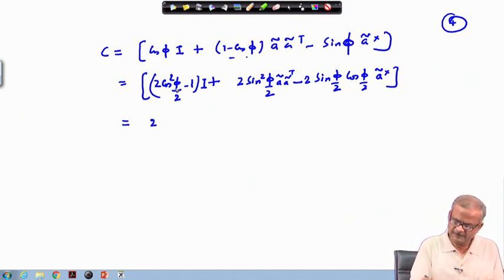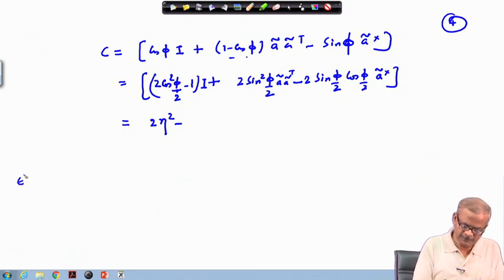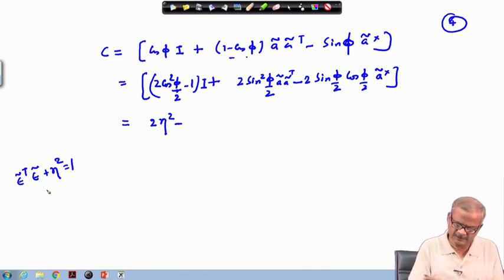So, we know that cos square phi by 2 we have written, cos phi by 2 we have written as eta. So, this becomes 2 eta square minus 1. So, we use this property epsilon tilde transpose epsilon tilde plus eta square equal to 1. So, we will insert it here epsilon tilde transpose epsilon tilde.